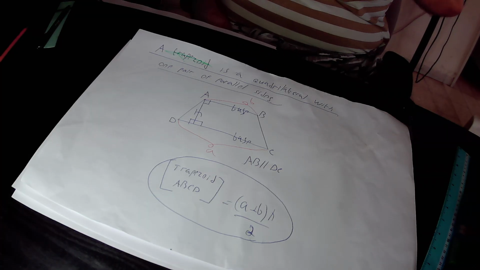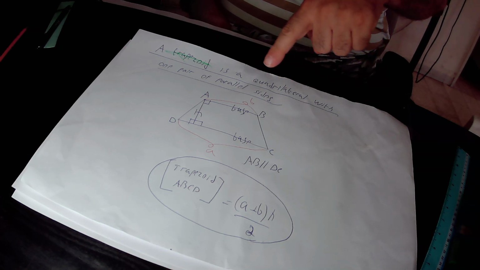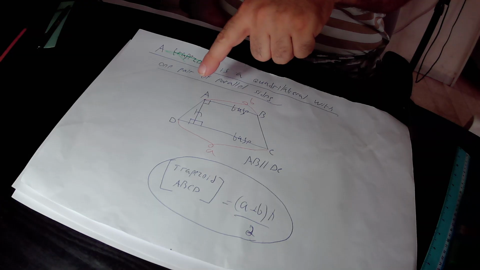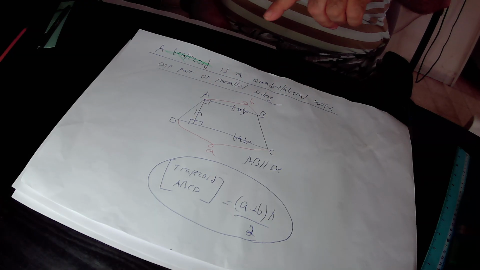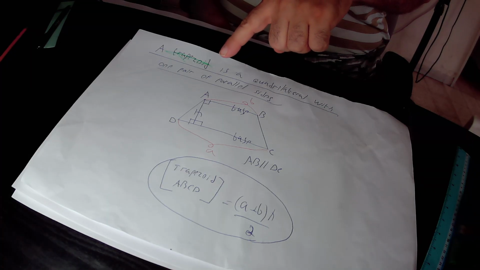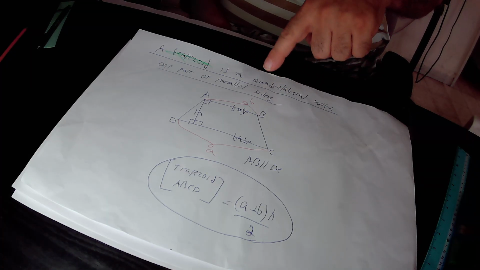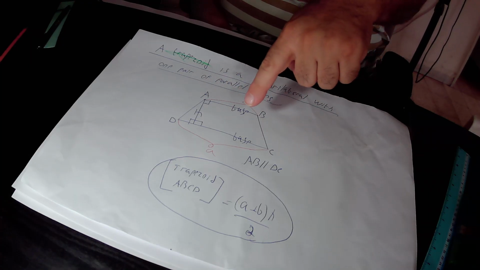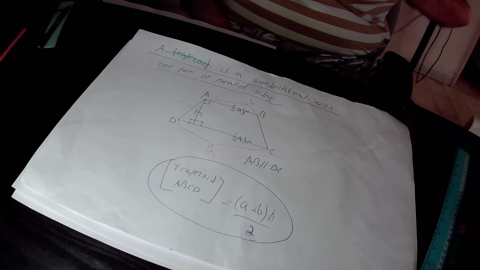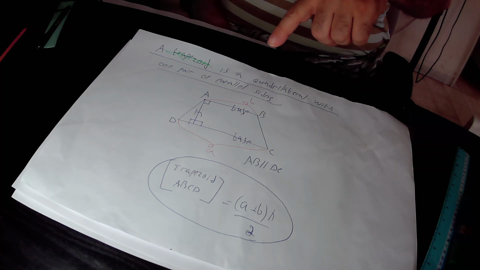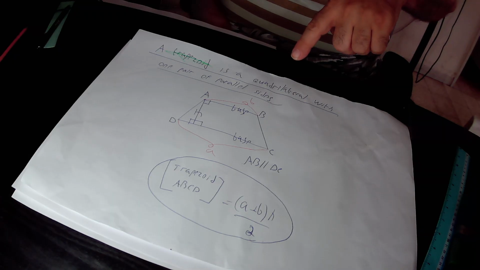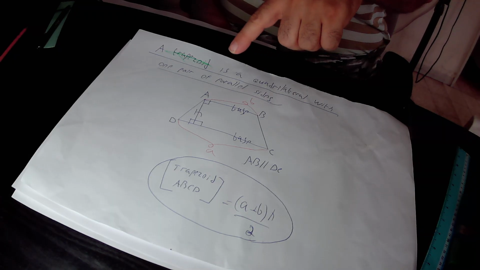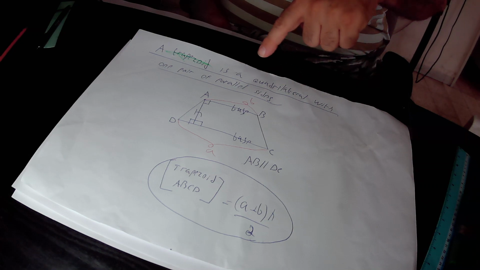So here the base AB is parallel to the opposite base DC, and if we define the length of side AB as B and the length of side DC as A, then the area of this trapezoid ABCD is equal to the sum of its two opposite bases, that is to say A plus B, times the height h, over 2.